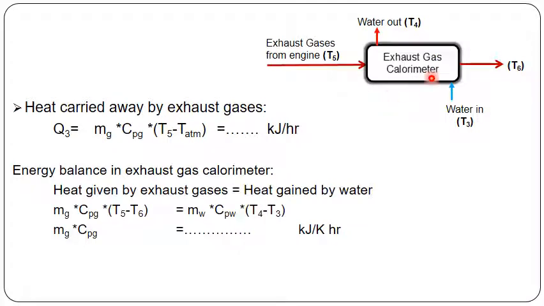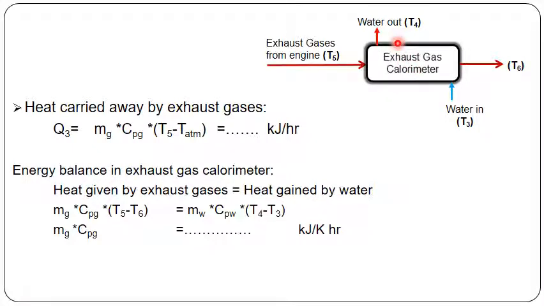We use an exhaust gas calorimeter, with a simple energy balance across it, to obtain the Cp value. The exhaust gases from the engine are supplied to the exhaust gas calorimeter, which is properly insulated, and they leave it at lower temperatures, since the water supplied to the calorimeter absorbs some amount of heat.